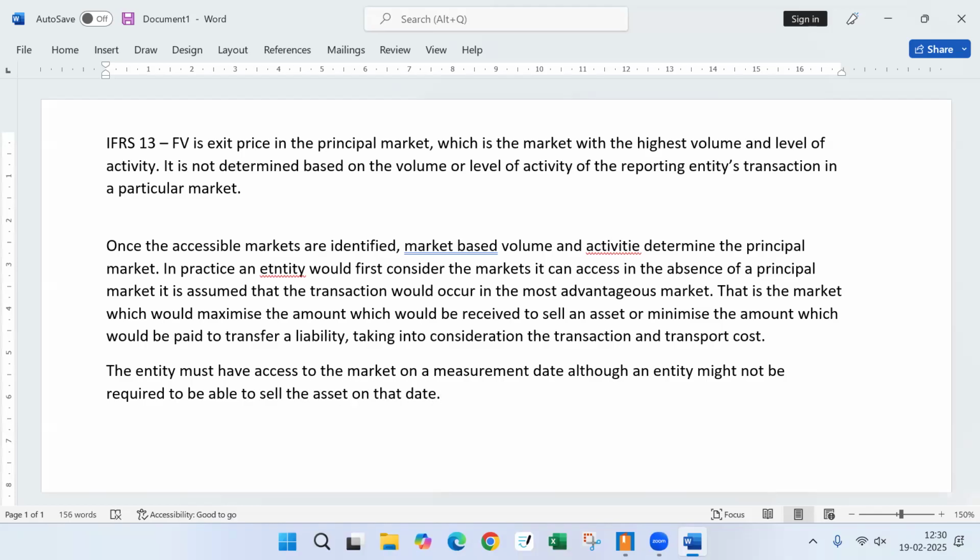So even though they won't be able to sell or transfer the asset on that particular date, they should be able to access that particular market. If they are not able to access that market, then we should identify the most advantageous market, isn't it? Right.